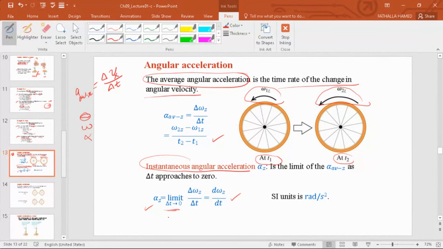That will give you your instantaneous angular acceleration. What are the SI units for it? It will be rads per second squared. We are not doing anything new. We're just following the logic that we did in chapter number 2, but we're now going from angular position to angular velocity to angular acceleration.